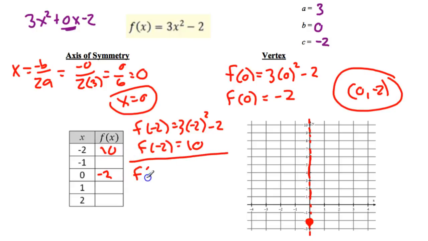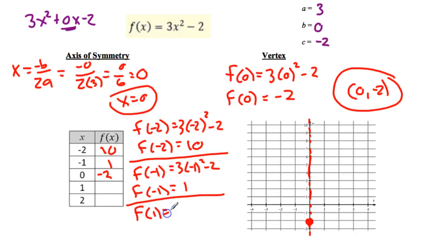How about f of negative 1? That's 3 times negative 1 squared minus 2. Negative 1 squared is 1. 1 times 3 is 3. The 3 minus 2 is 1. How about positive 1? F of 1 equals 3 times 1 squared minus 2. This looks kind of similar to that one, doesn't it?